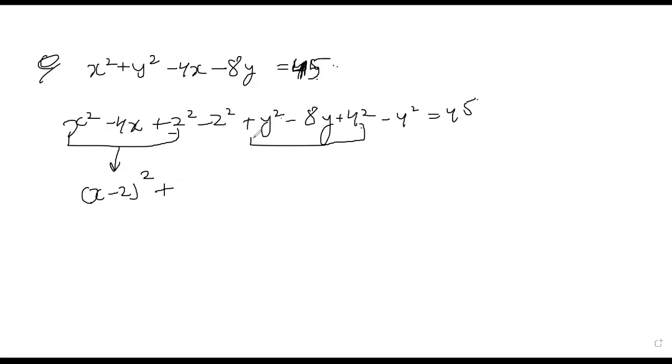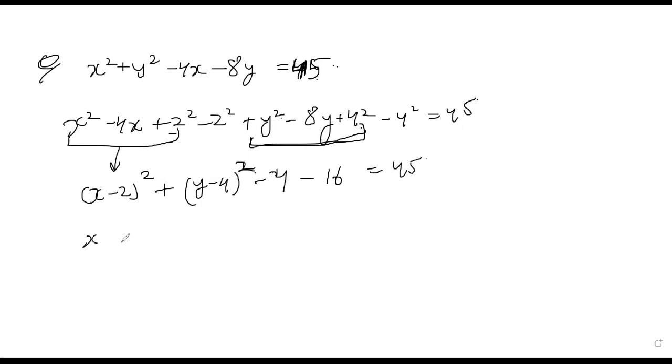In case of y, y minus 4 whole square. So which numbers are we left with? Minus 2 square, which will be minus 4, and minus 4 square is minus 16, equals 45.